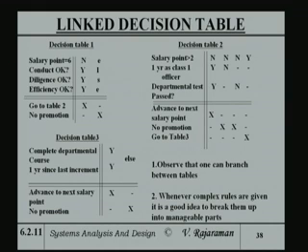So 9 conditions. If I put all 9 conditions in one large monolithic table, there will be 2 to the power 9 rules I have to cover, and 2 to the power 9 is how much? It's 512 rules, and nobody will be able to understand it clearly.